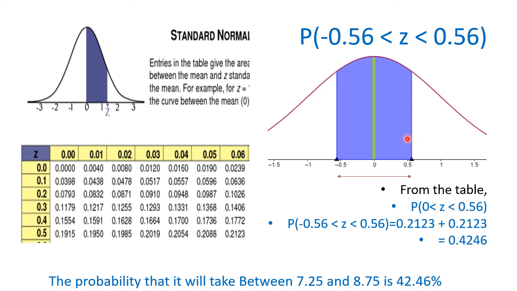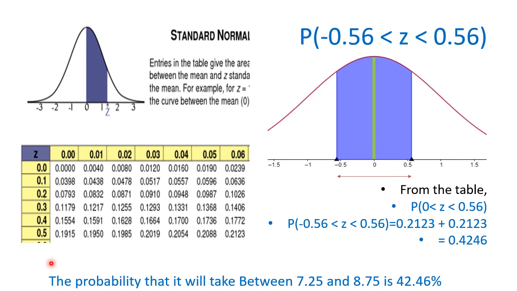Remember we don't have negatives, so the same area or probability that I got here is the same as from here to there as well. So what do I do? I then add them together, and then my answer is 0.4246. Now, the last question says, interpret your answer. Always refer back to the question. What is the question asking you?